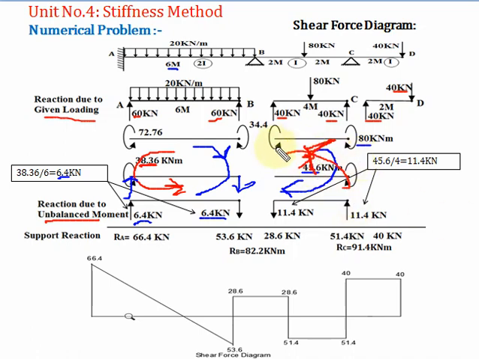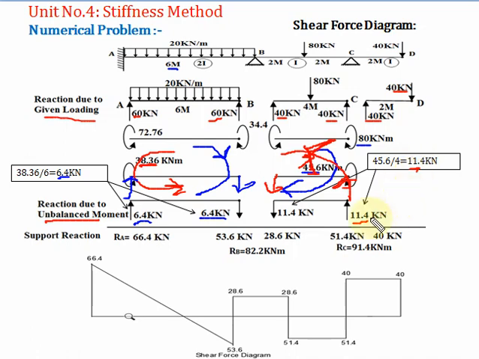Okay, so the unbalanced movement is rotating the structure in this way, and this reaction will rotate the structure in anti-clockwise direction, like this. So here it will be downward, and here it will be upward. That is only what I have shown you. Here the reaction is downward, here the reaction is upward, so it will rotate in anti-clockwise direction. So this reaction will be what? Unbalanced movement 45.6 divided by 4, that is 11.4.